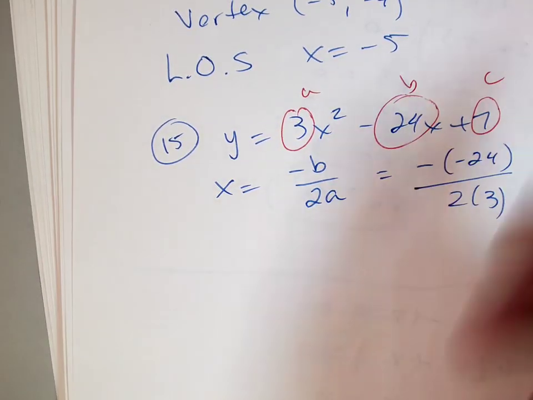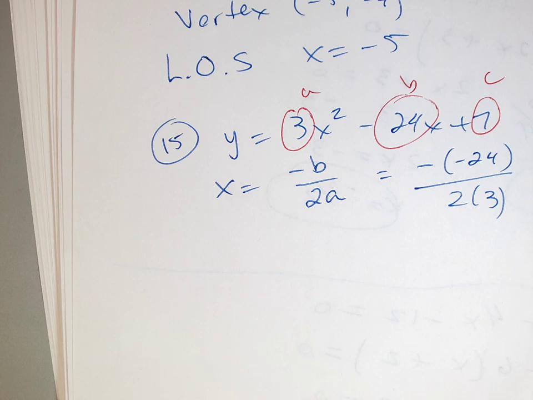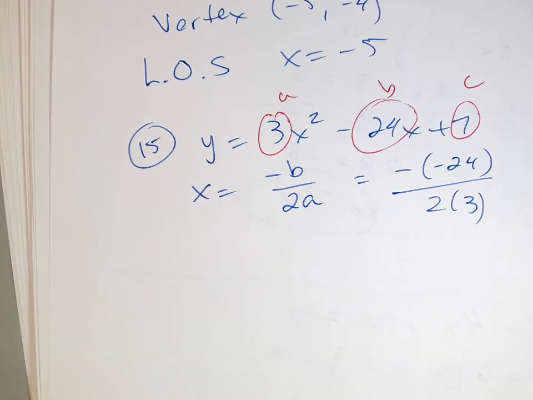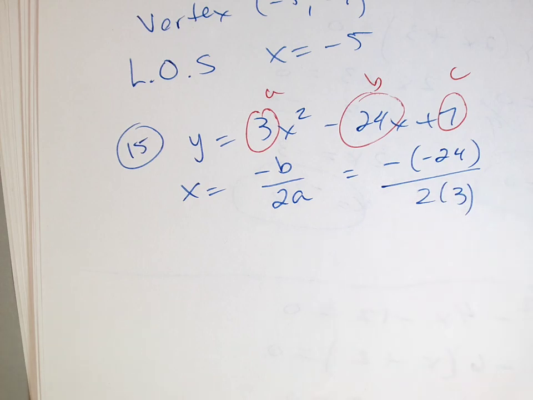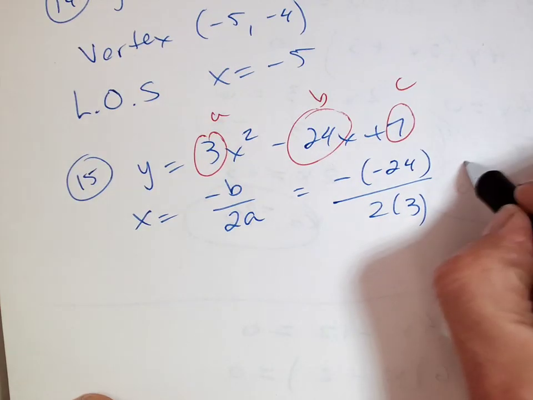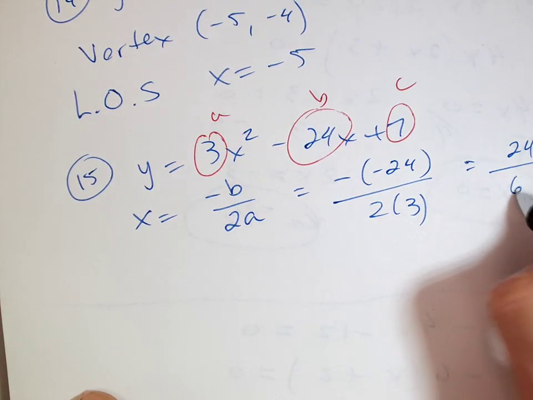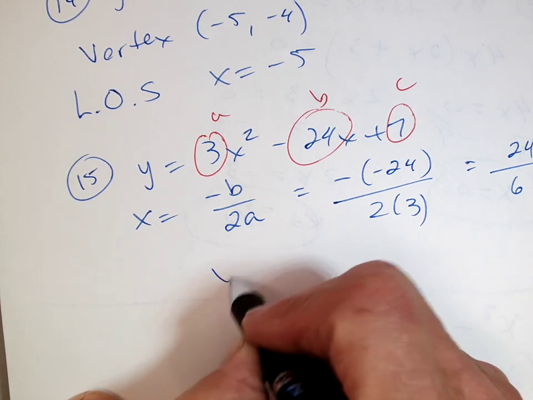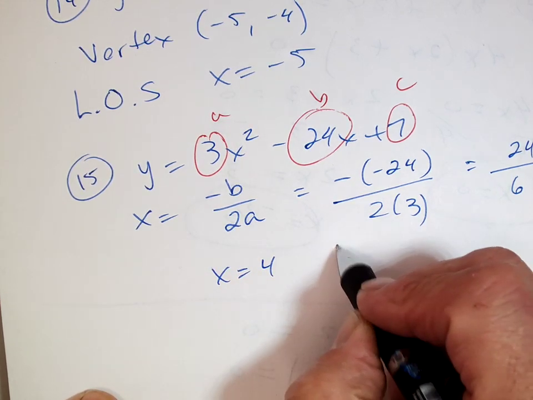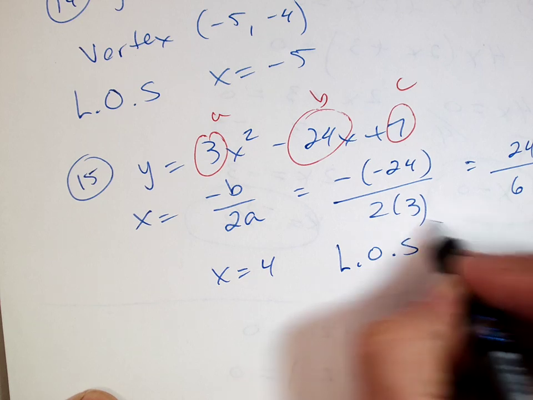Okay. Double negative, right? Double negative is a positive 24 over 6, which is 4. x equals 4 would be the line of symmetry, okay?